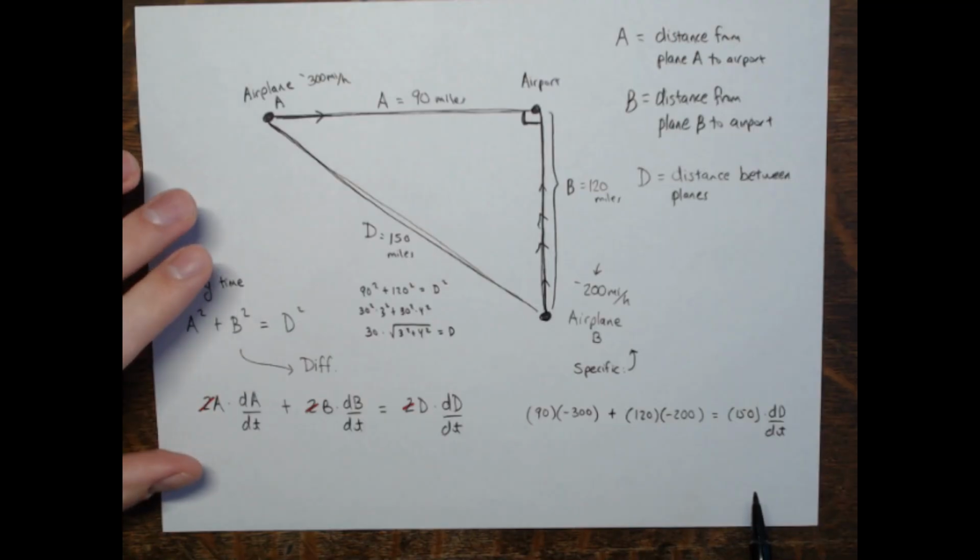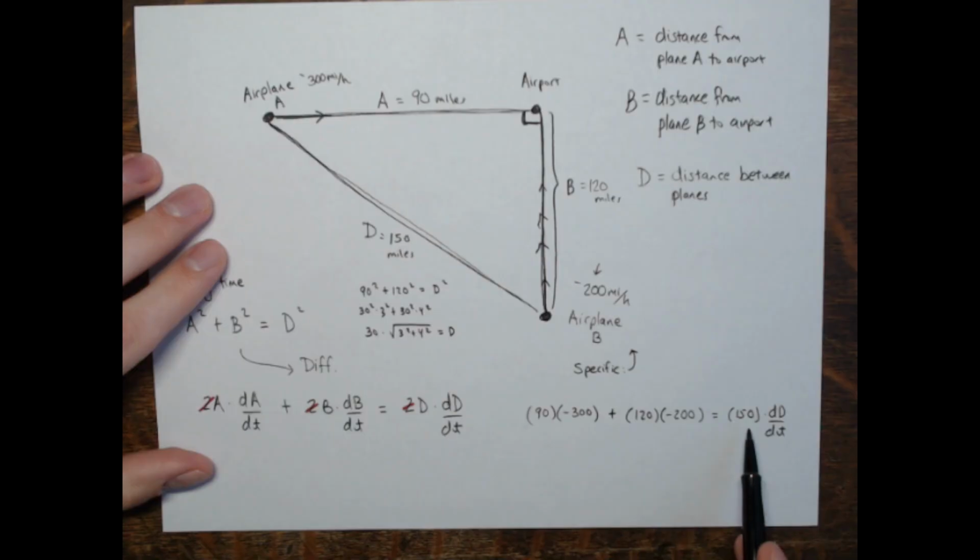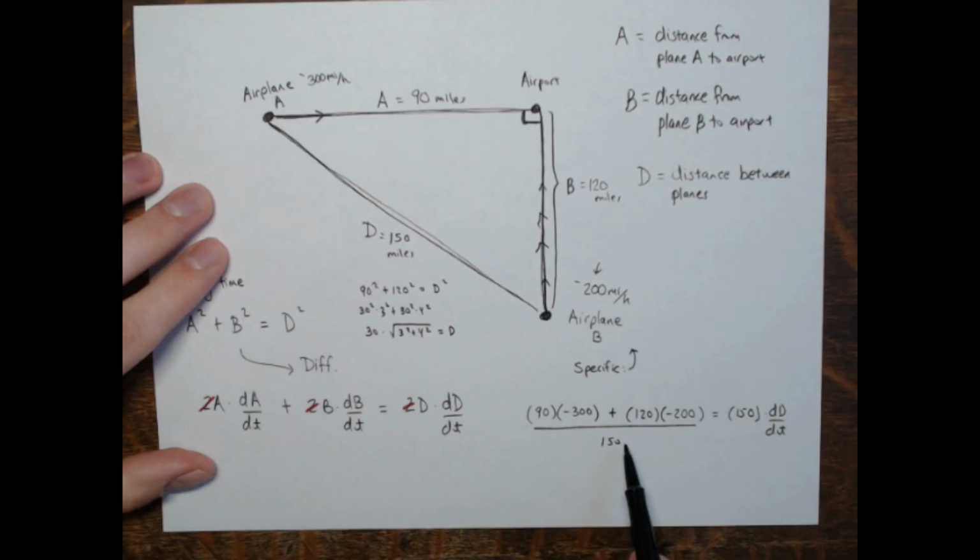Okay. All right, so if I divide both sides by 150, then we'll have d/dt equals, now dividing each of these by 150. Now 150 goes into 300 twice, so 90 times negative 2 will be negative 180 from the first term there.